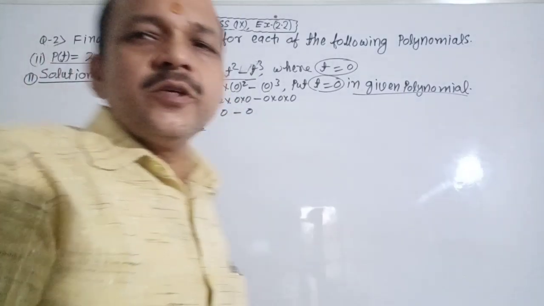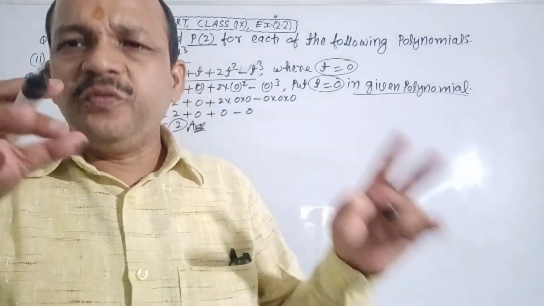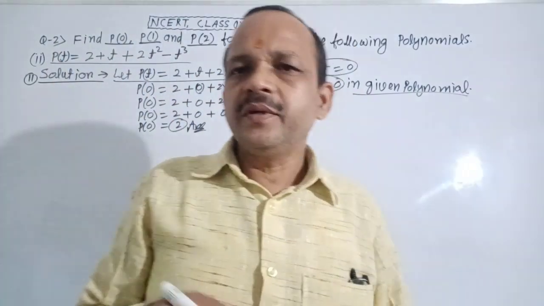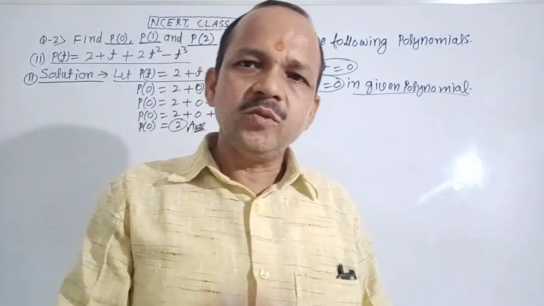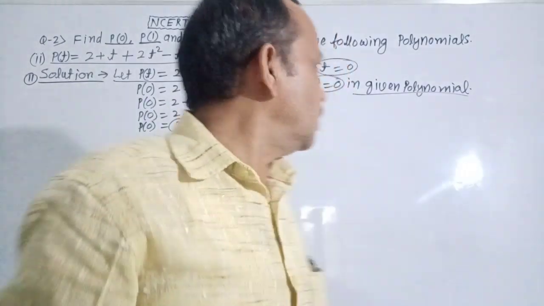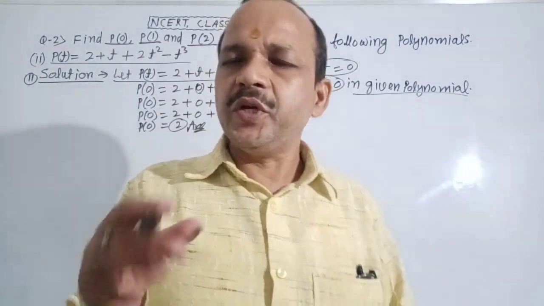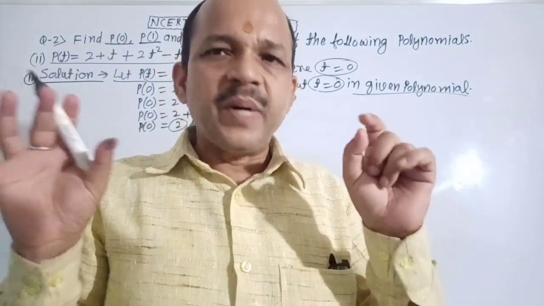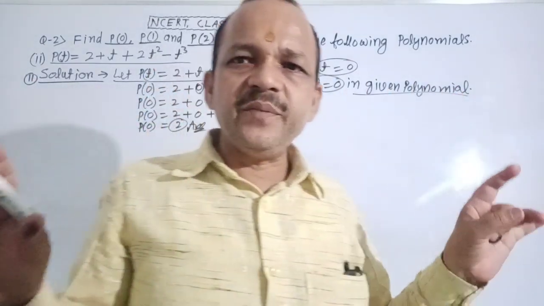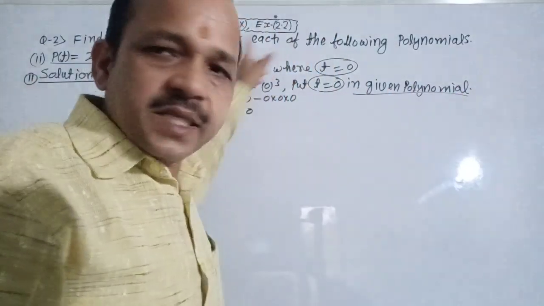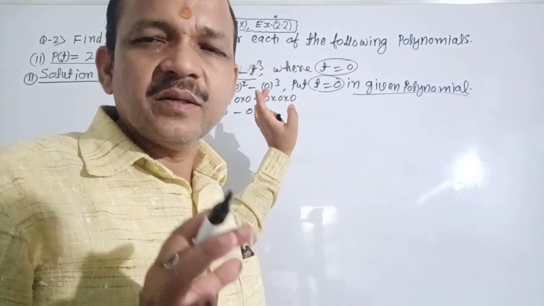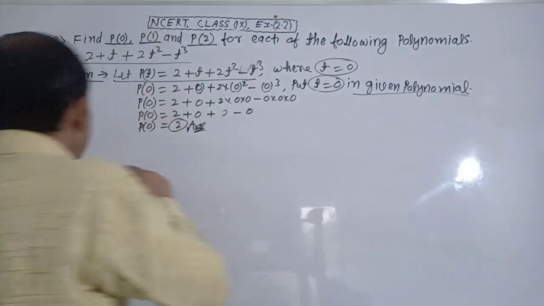It means your answer is 2. You find the value of the given polynomial is 2 by putting t equal to 0 in the first step. First step is clear, no confusion about it. Next step.